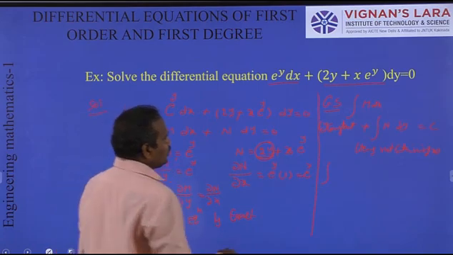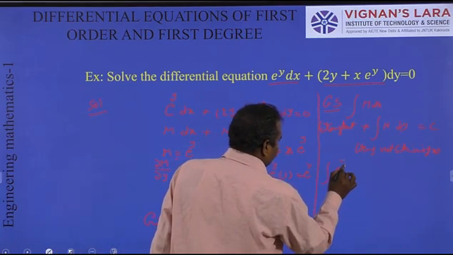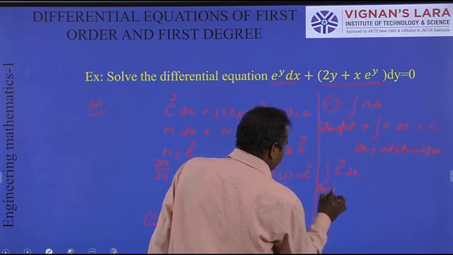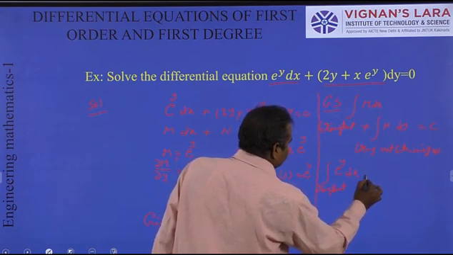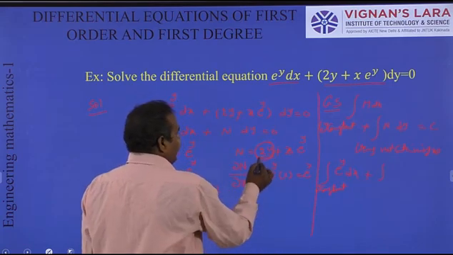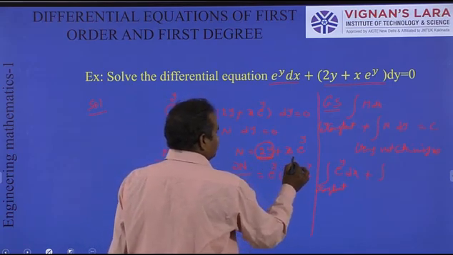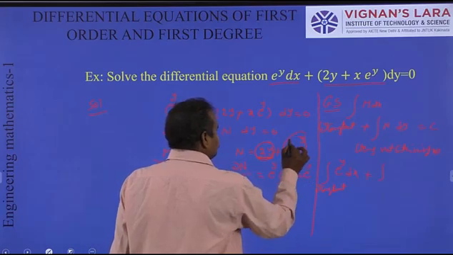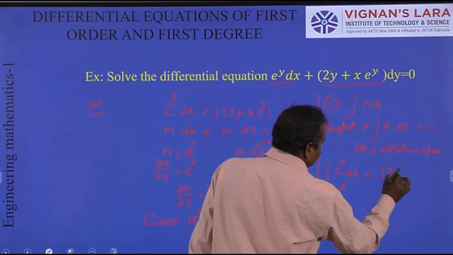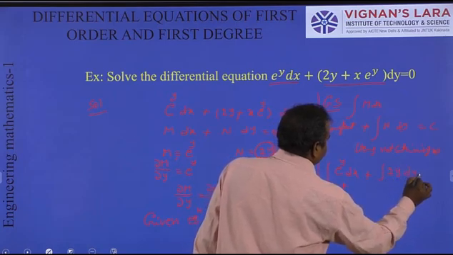This one having only one term, write that one, e power y dx. Remember this, y constant, plus terms not containing x. N having two terms. This one does not have x, this term having x. So remove this term, so only 2y. So N value is 2y, dy is equal to c.